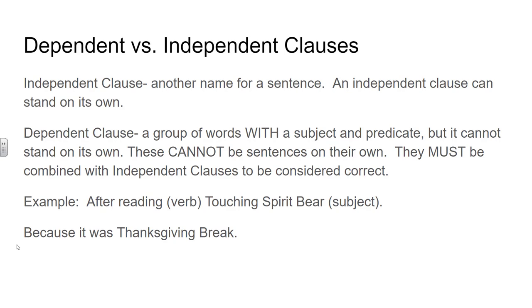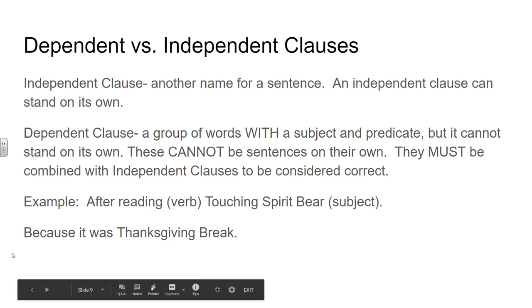These cannot be sentences on their own. They must be combined with independent clauses to be considered correct. Again, examples of dependent clauses: after reading Touching Spirit Bear, because it was Thanksgiving break. Again, those are considered dependent clauses even though they have verbs and subjects because they are not complete thoughts.